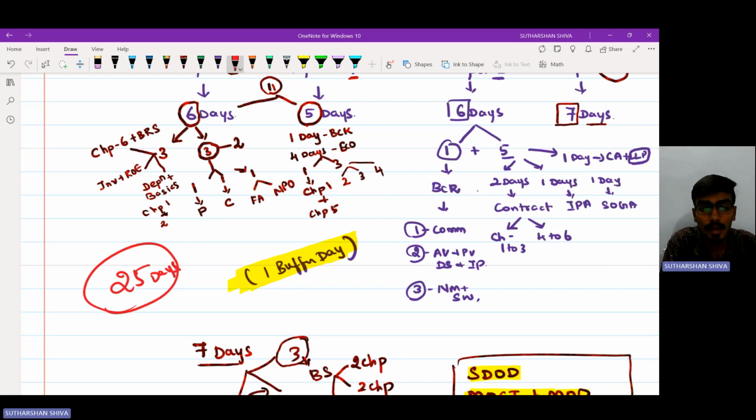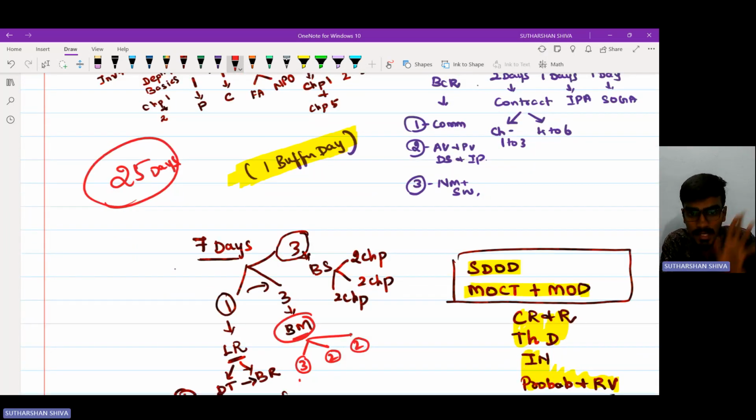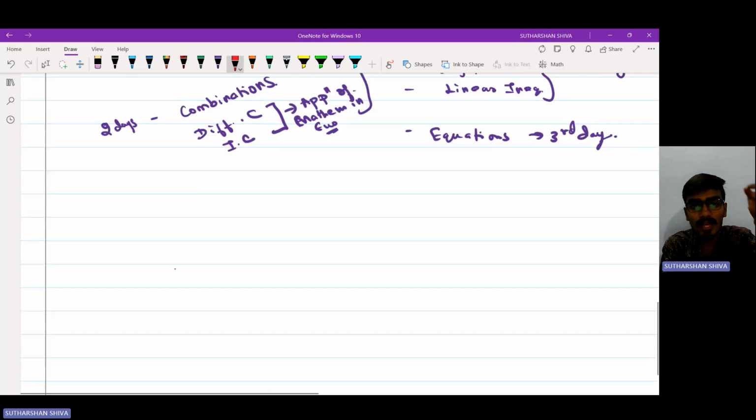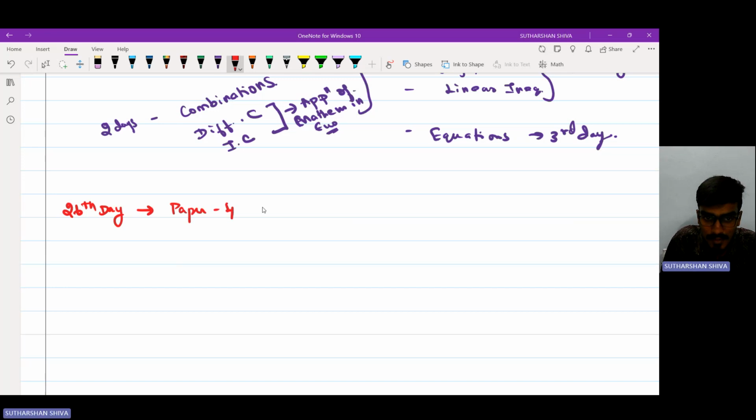Entirely it will take how many days? 25 days without any test. Is it right? Without any test. On the completion of the 25th day, on the 26th day, simply write the paper 4 full syllabus test.